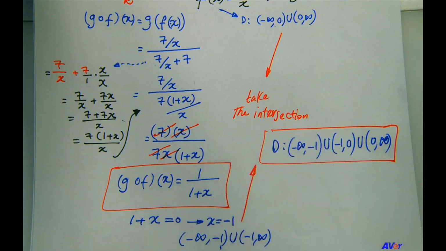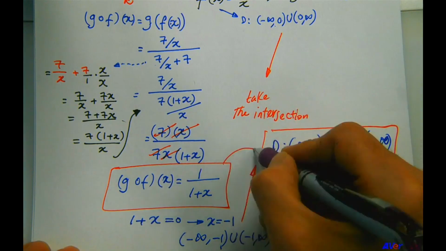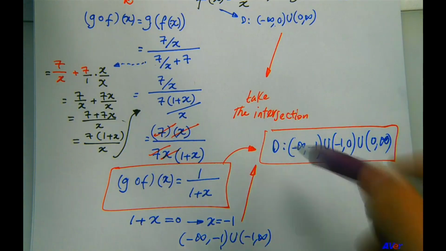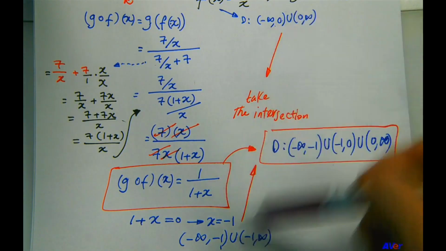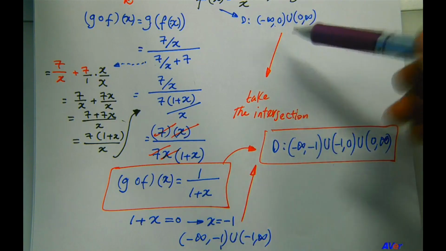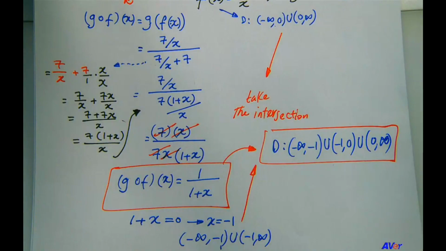Okay, this is the composite function, and that is its domain, which was found as the intersection between that and the function that went inside another function.